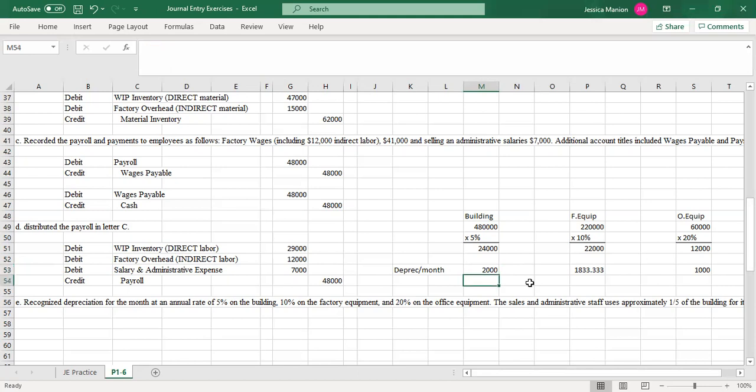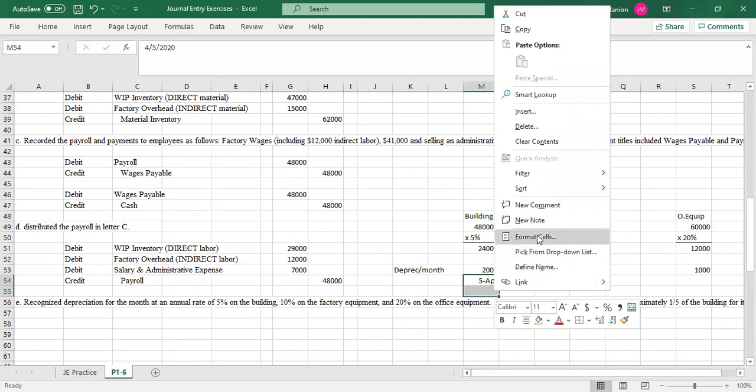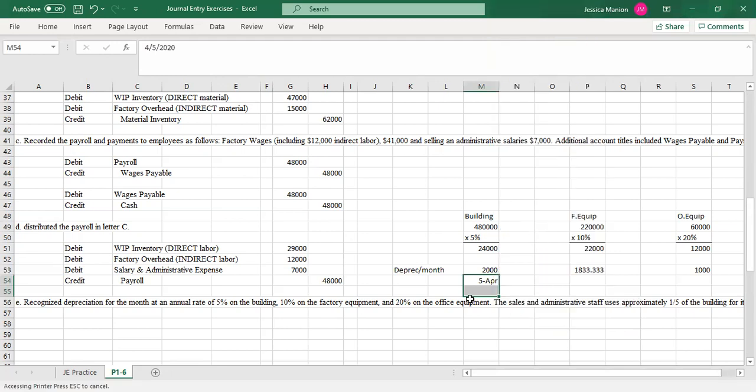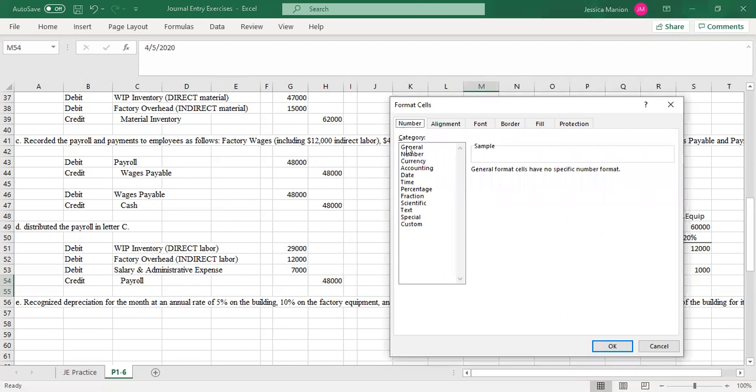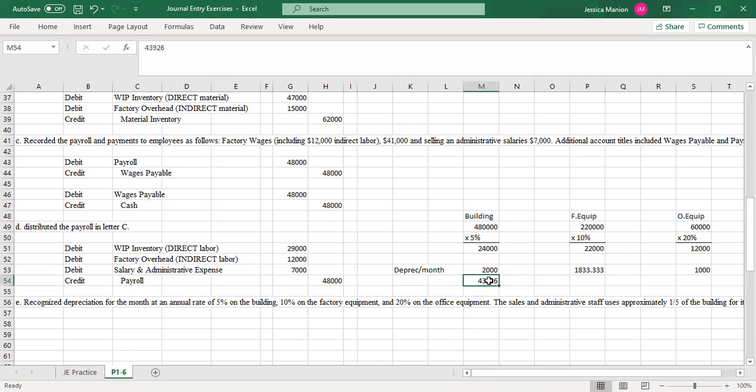So then if we say 4/5, which I don't like that it did that to us. Format cells. Oh, shoot.